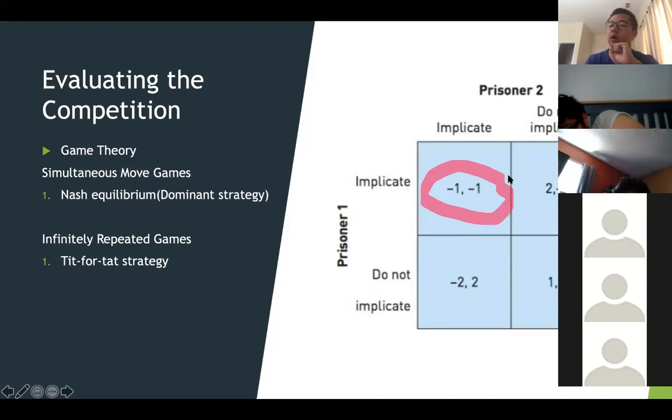In the real world, people don't want to make friends with their competitors, and they compete fiercely. So the outcome lastly is not the best. That's why it's -1, -1.